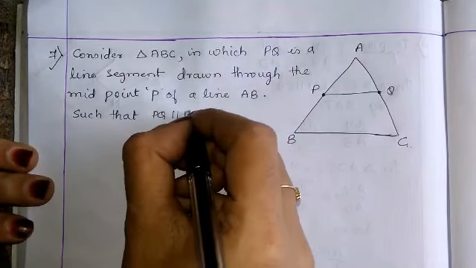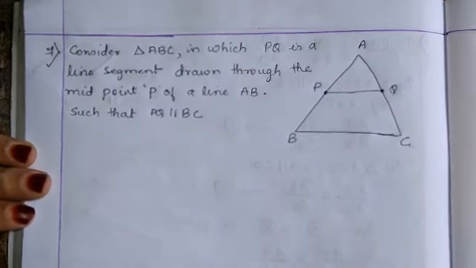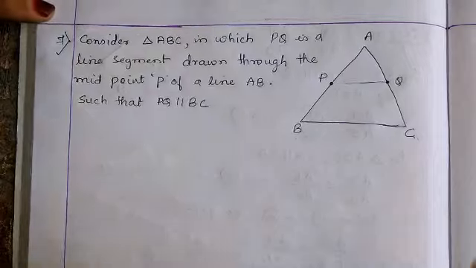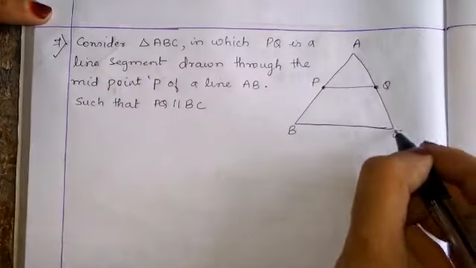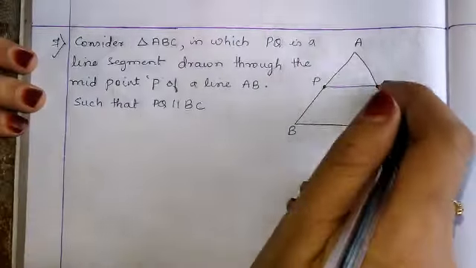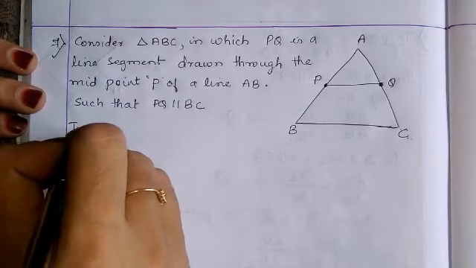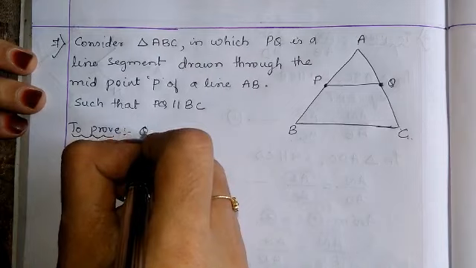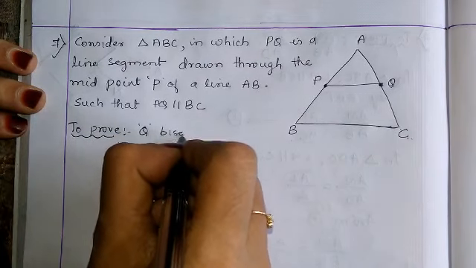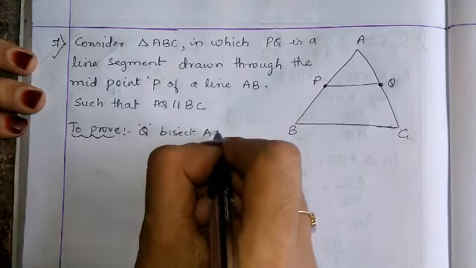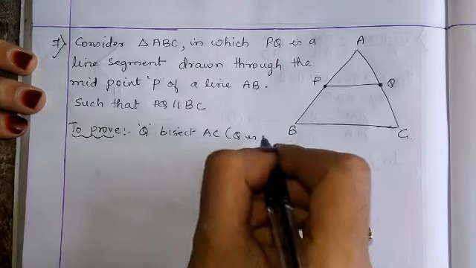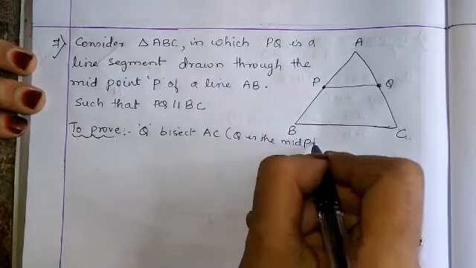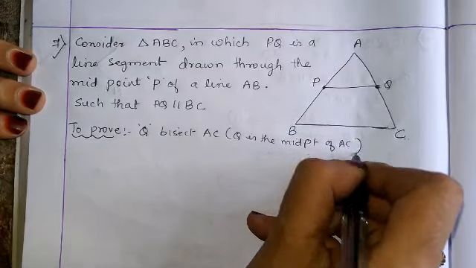In this way we have drawn this figure. Now, what have they told us to prove? They have told us to prove Q is the midpoint of AC, or Q bisects AC. This we have to prove.